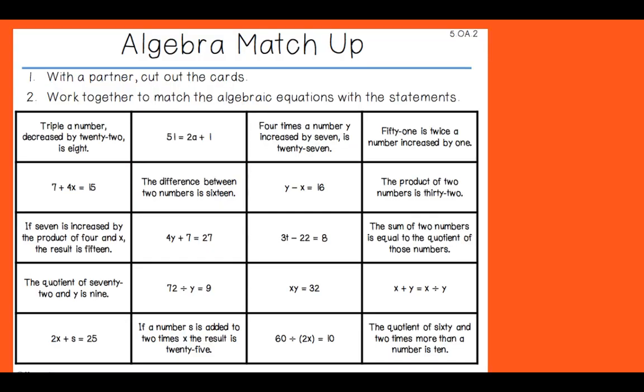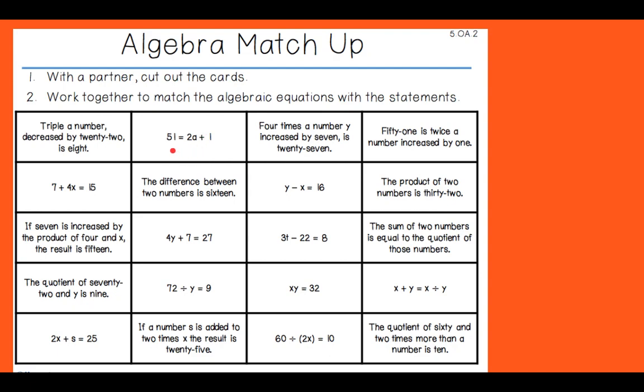The second activity for the second group of kids is an algebra matchup game. Okay, it says here, with a partner, cut out the cards, work together to match the algebraic equations with the statements. So we won't be able to work with partners, so you're going to have to work independently.